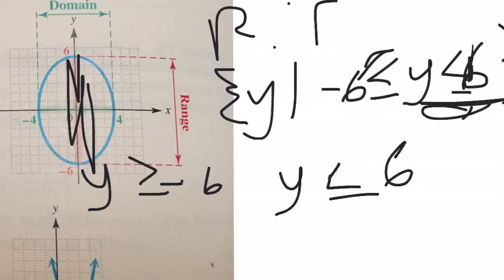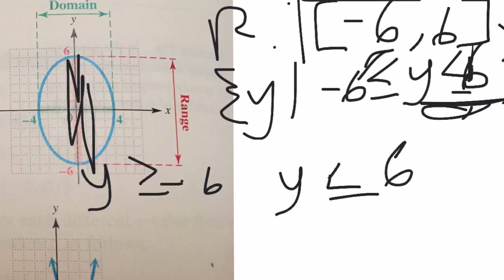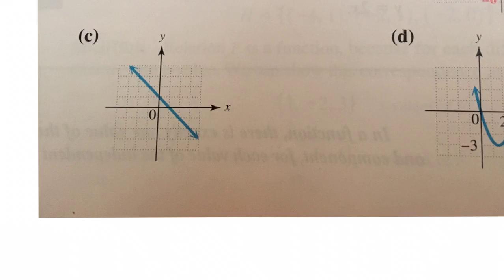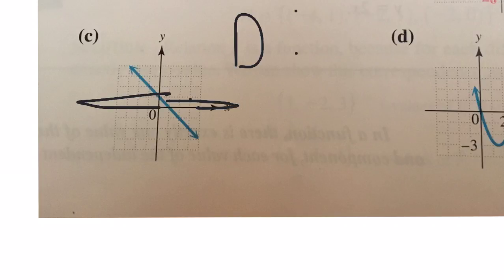Or if you want to do it like brackets, this is another way that you could write it on your test. Let's put it at -6, from -6 to +6 with brackets. Now for part C, the domain. You notice it keeps going towards the right and towards the left.